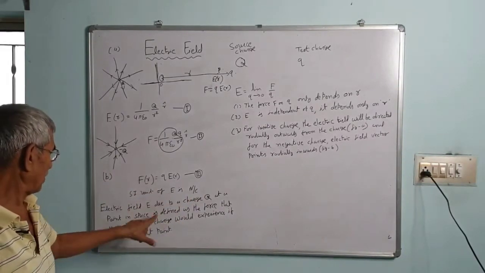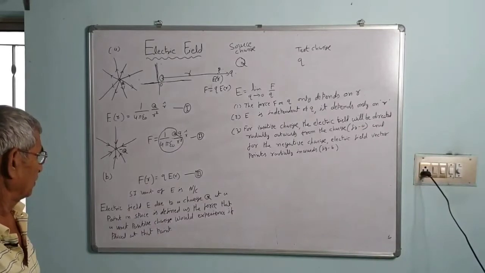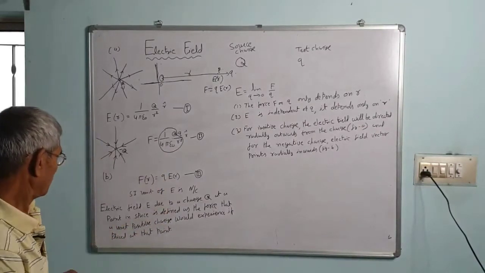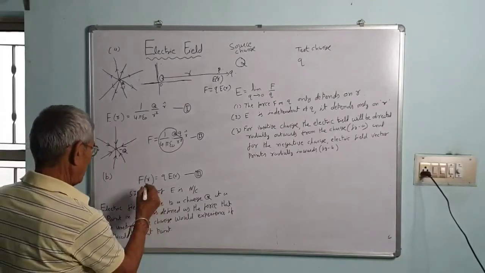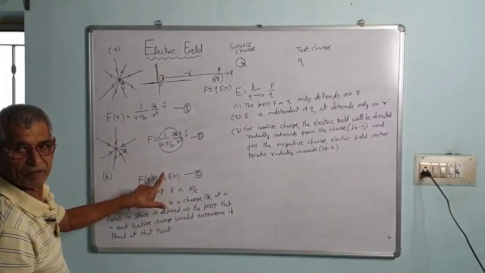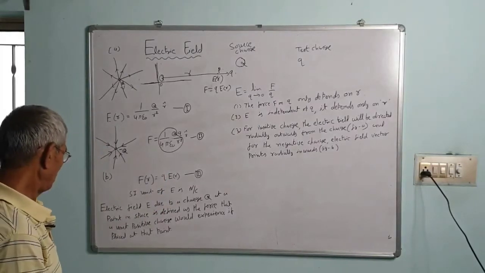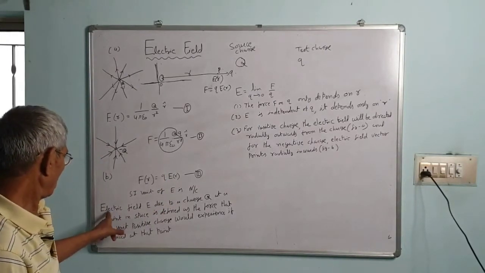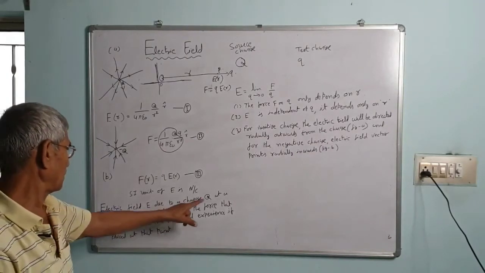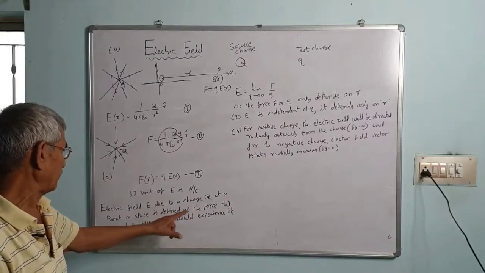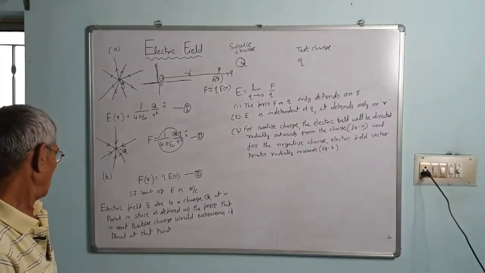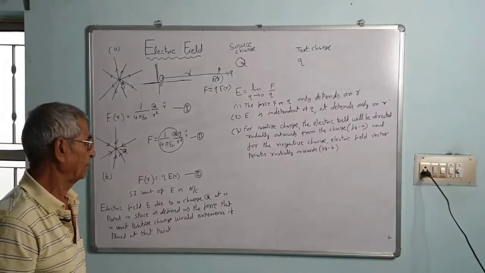Thus, electric field E can be defined as the force that a unit positive charge would experience. If q is 1 unit, then F will be equal to E. Therefore, the electric field E due to a charge Q at a point in space is defined as the force that a unit positive charge would experience if placed at that point.